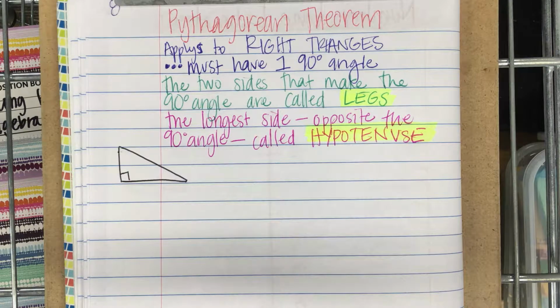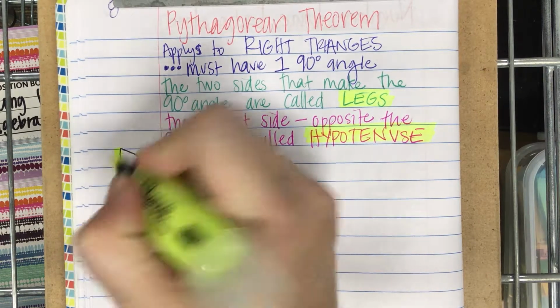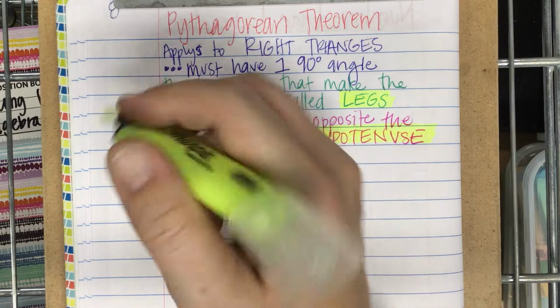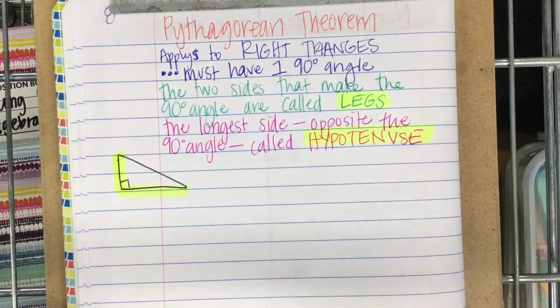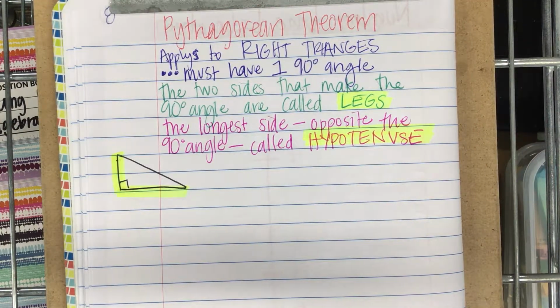We're going to identify the legs. The legs are the two sides that make the 90-degree angle. The legs, right here in this triangle. Legs of a right triangle.